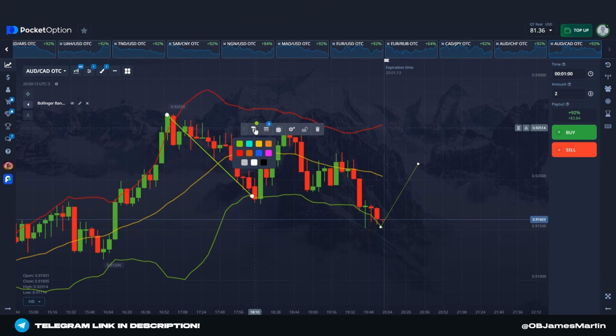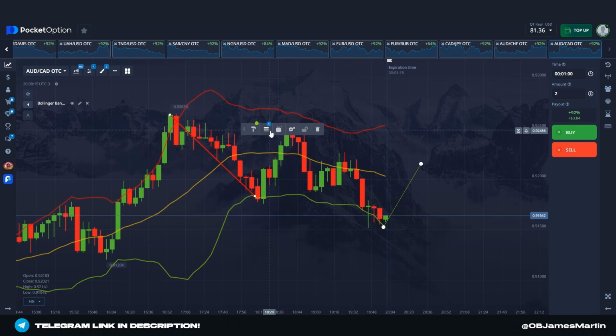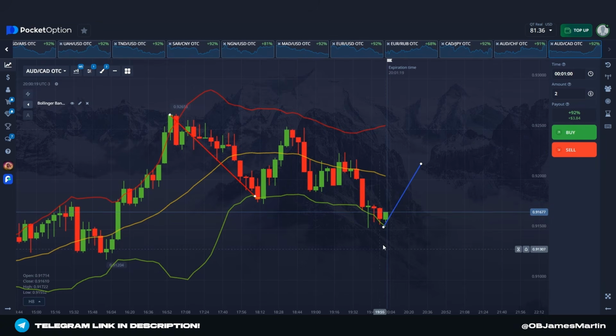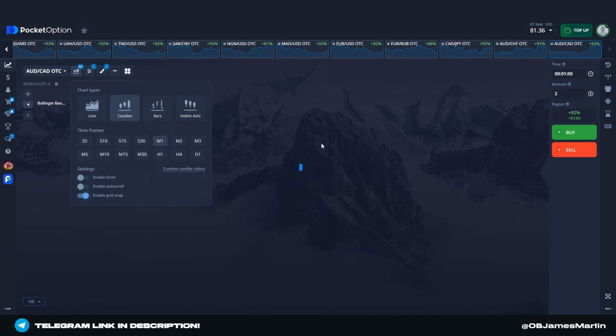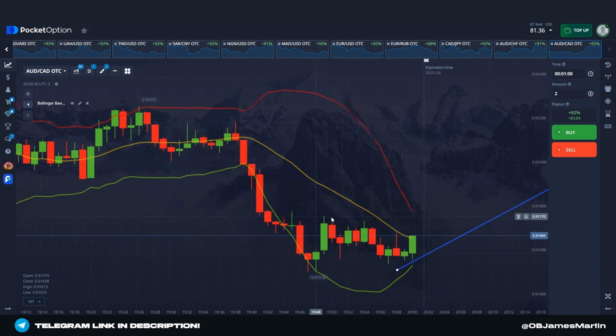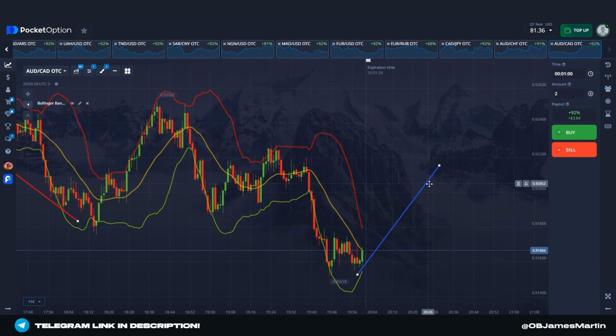In an uptrend, connect two higher lows. In a downtrend, it's the opposite, connect lower highs. And then wait for the third toe. That's the main idea.